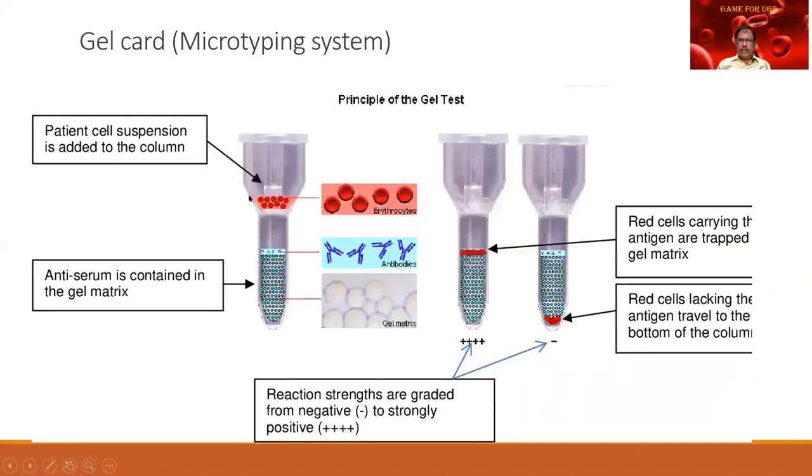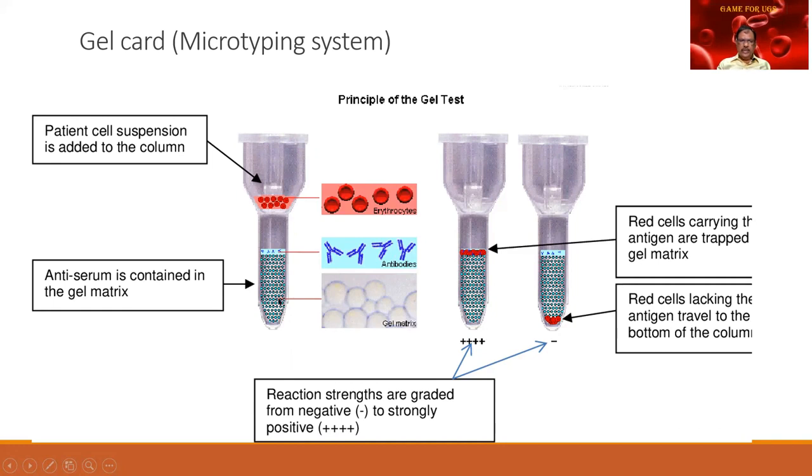And if you are not able to understand, find this. So this is the suspension of the patient's blood. It is containing the RBCs. And when you want to draw a diagram, draw this alone in the examination, because it is easily reproducible. And there is an antiserum. There are the antibodies over here and the antiserum in the matrix.